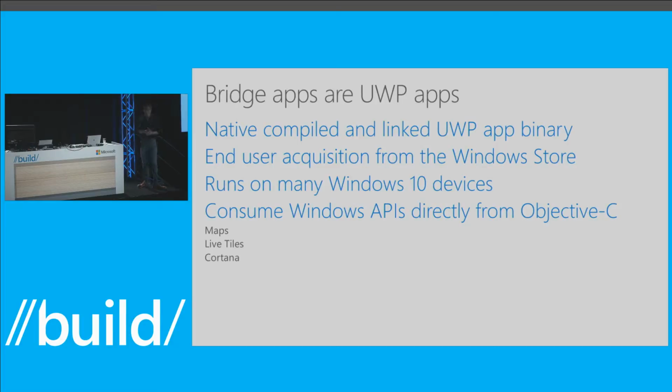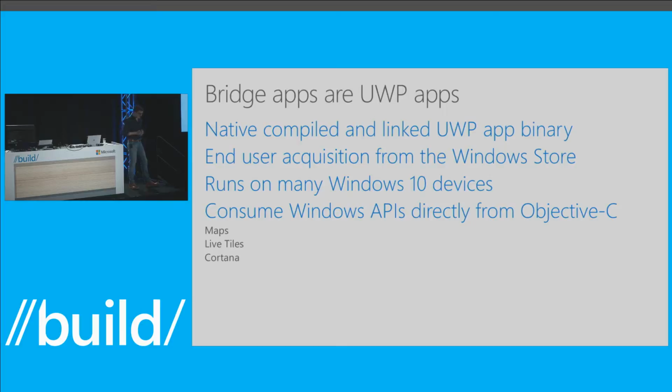So if you've written an iPhone app with a certain form factor and a certain number of users in mind, all of a sudden, whole new classes of devices are open to you using the code you already know how to write. You can run that code on a Surface Book like this one, or on a Windows desktop, or on a Windows phone. All of that is available to you as an Objective-C developer.